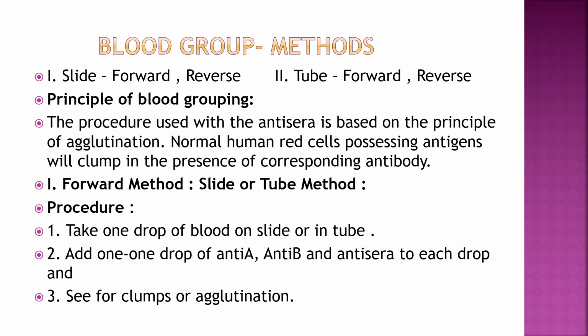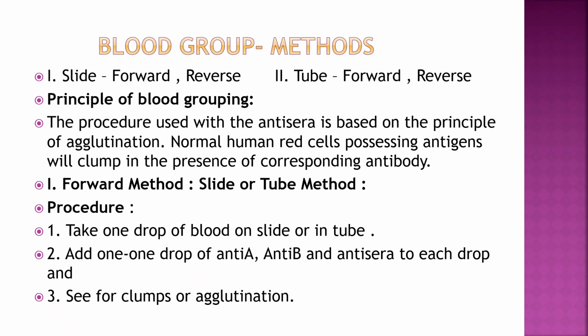Now in short, the principle of blood grouping is that when antigen and antisera are mixed together, they form agglutination or clumps, and then we can decide the blood group. The forward method can be done by slide or tube method.